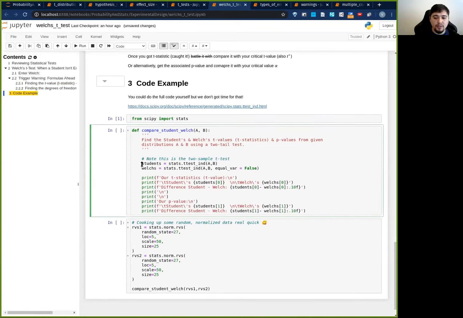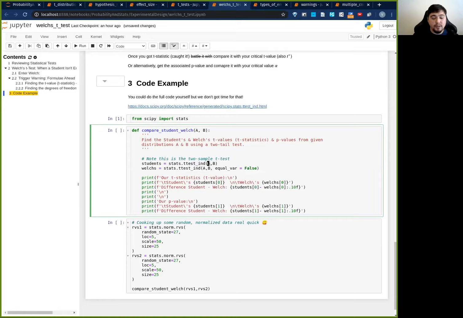I wrote this whole function here, and this looks like, oh, I have to write this function. This is literally all you got to do. A and B: A is representing the sample that you collect, and B is representing the other sample you collect. Imagine your experiment group versus your control group. What this basically says is stats.ttest_ind.